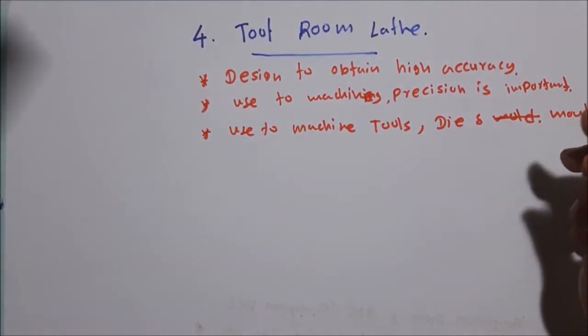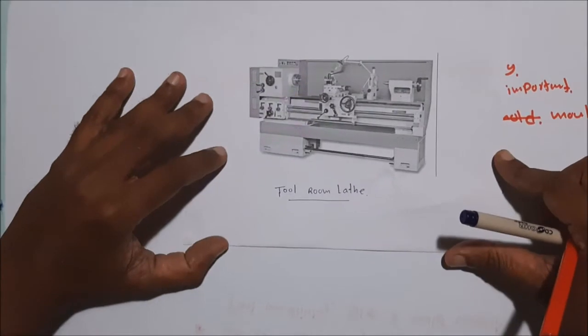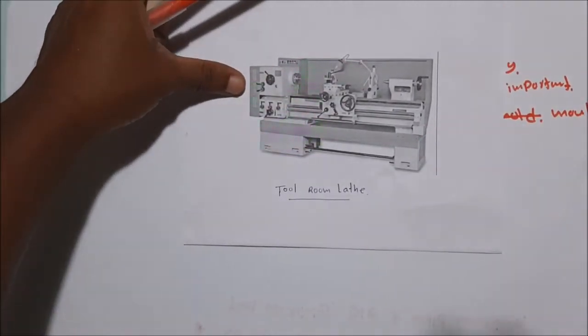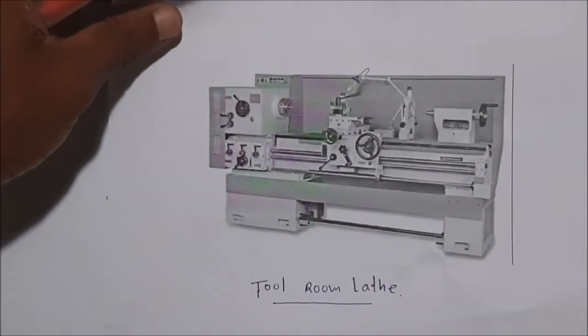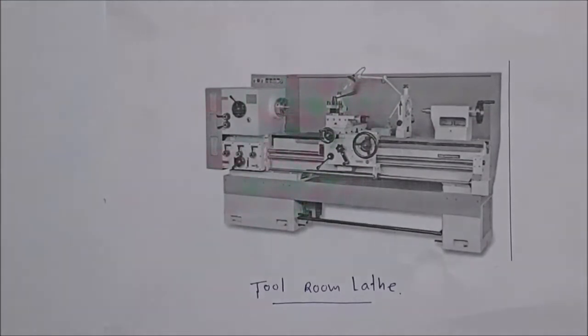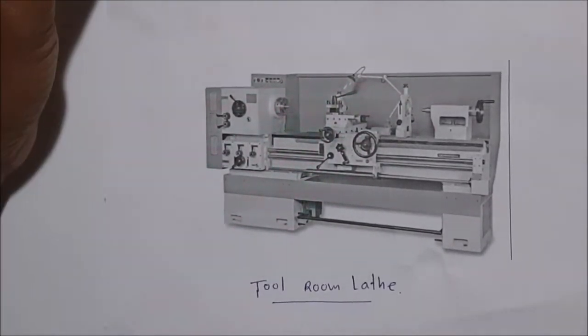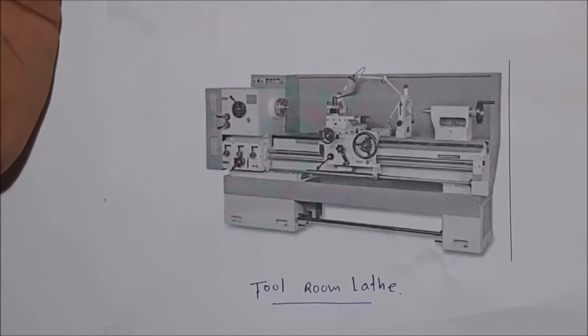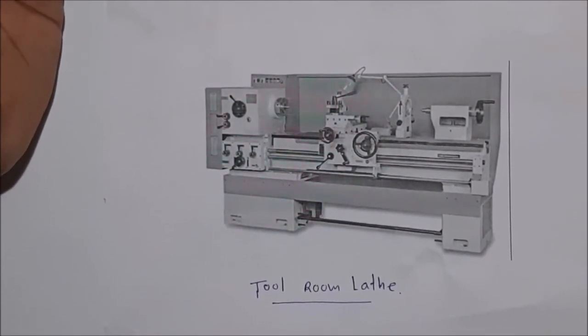I will show the picture of the tool room lathe. You can see the structure is mostly similar to the engine lathe. The only difference is that it is designed to obtain high accuracy.